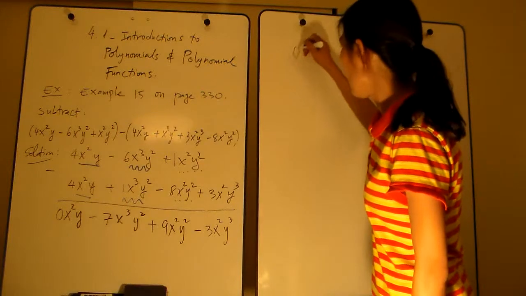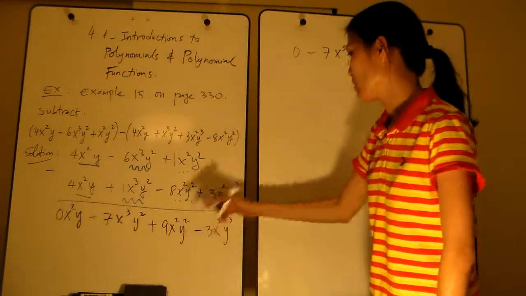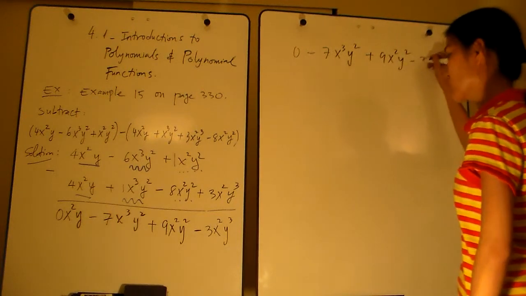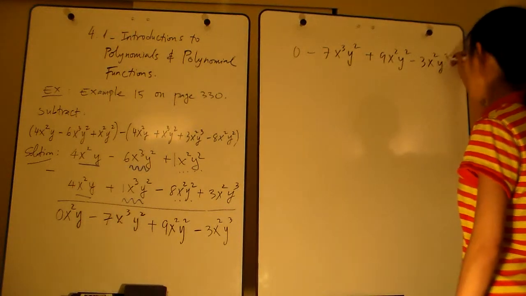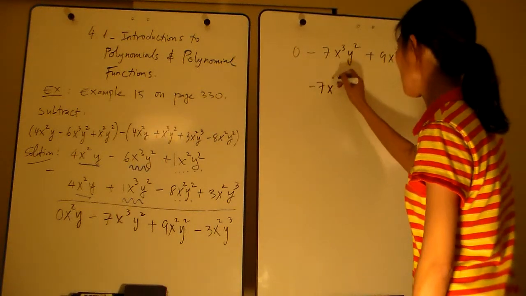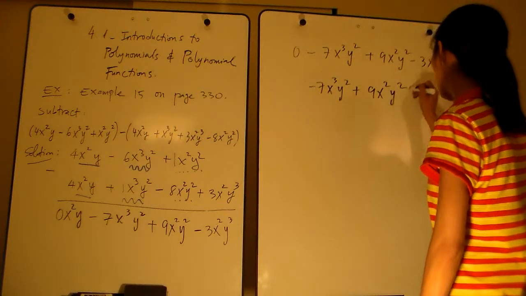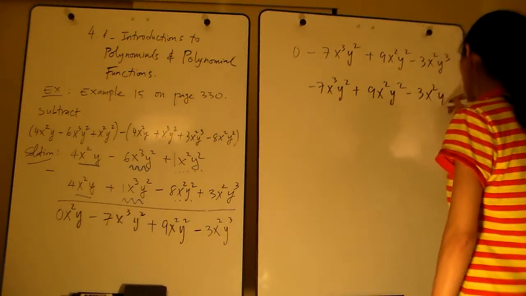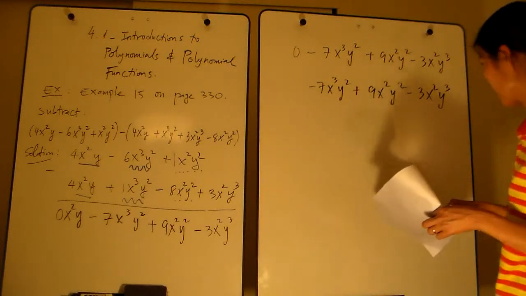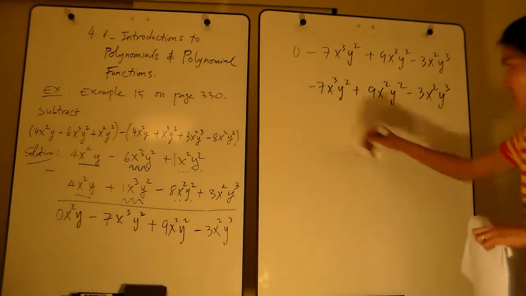So we have 0, subtract 7x to the third power y squared, plus 9x squared y squared, minus 3x squared y to the third power. Simplify further, we have negative 7x to the third power y squared plus 9x squared y squared, subtract 3x squared y to the third power. Check the answer. Yep, so this is the answer.